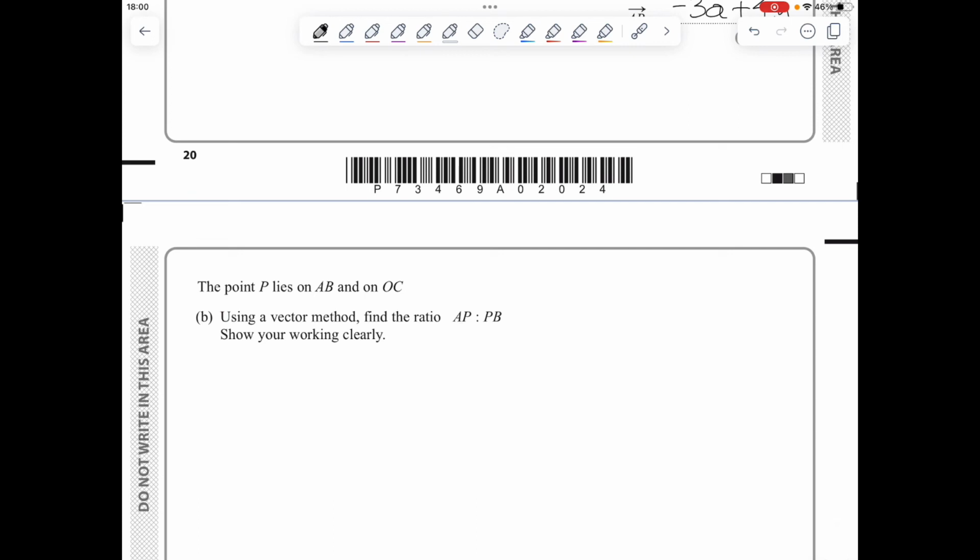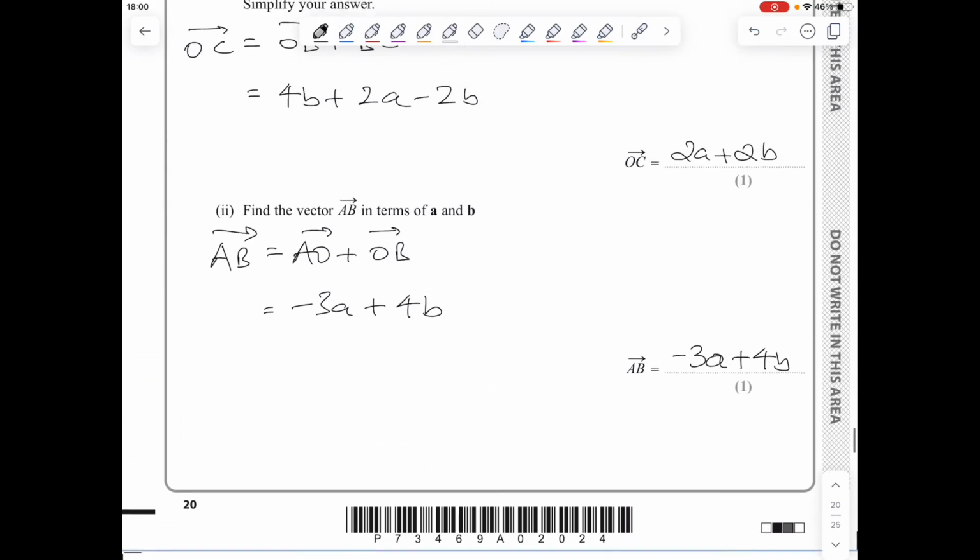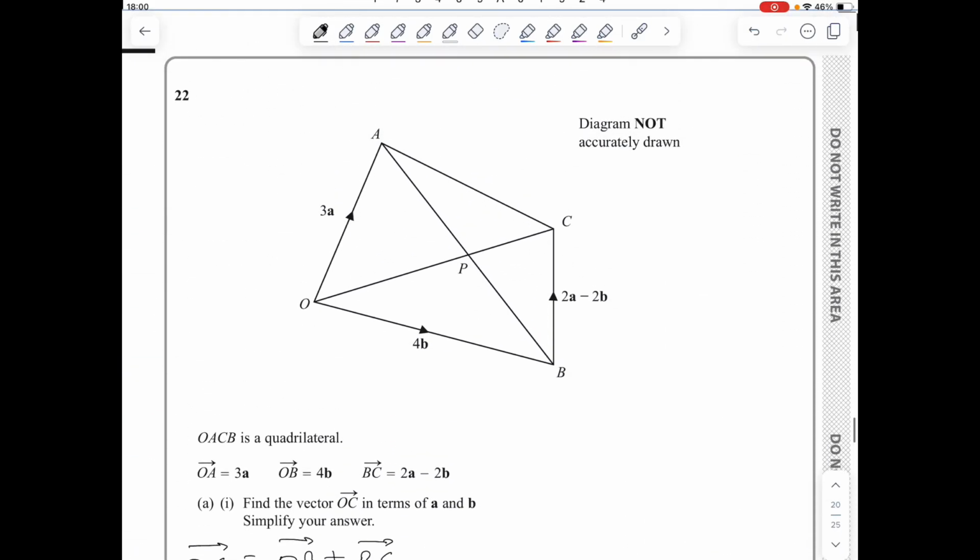For part B, I need to find the ratio AP to PB. Let's go to the diagram. Note that I have a point P such that it divides the lines AB and OC. Now, I don't know the fraction of AP to AB.